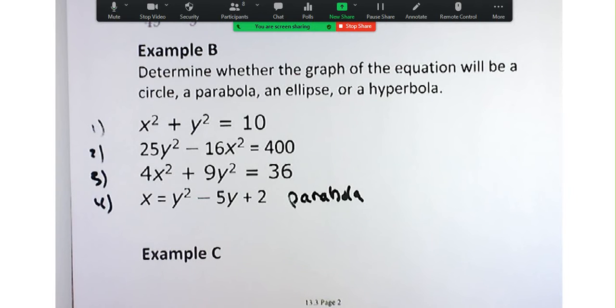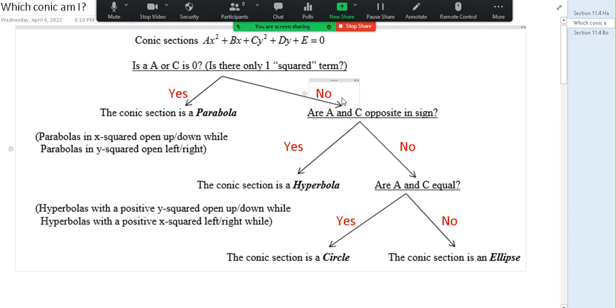If there are 2 squared terms, then you have to decide between a hyperbola, ellipse, or a circle. The next easiest thing to see is a hyperbola, because with a hyperbola you're going to have 2 squared terms, but when those squared terms are on the same side, they'll be of opposite sign. One will be positive and one will be negative.